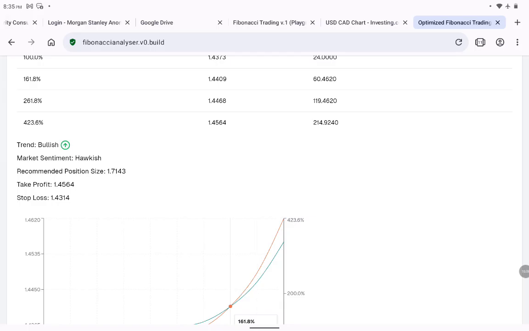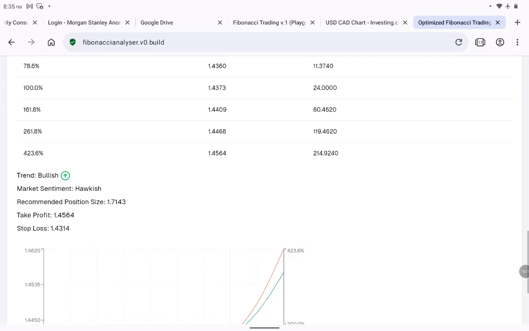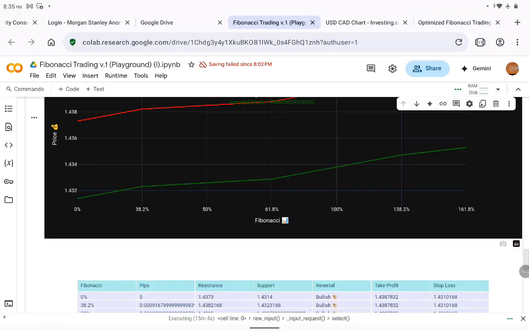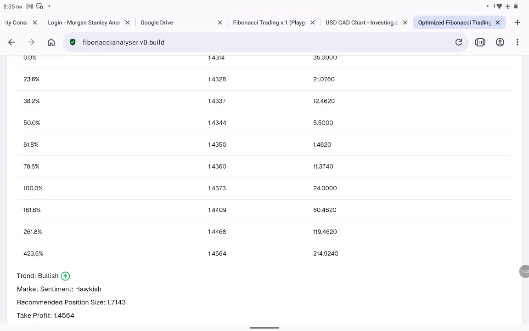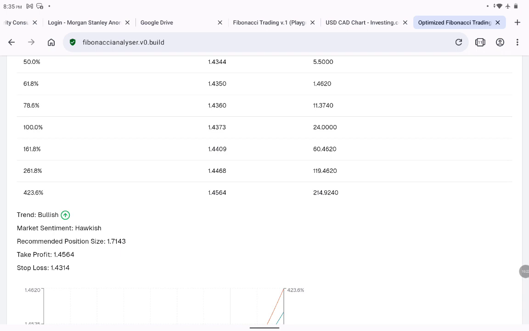The previous application said I think 1.4310, if I'm not wrong. 1.4310, and this says 1.4314. So 1.4314 for me is not a bad stop loss for the amount we're risking, which is 2%, right? So I'll use the stop loss, and I'll stick with 60 pips, right?